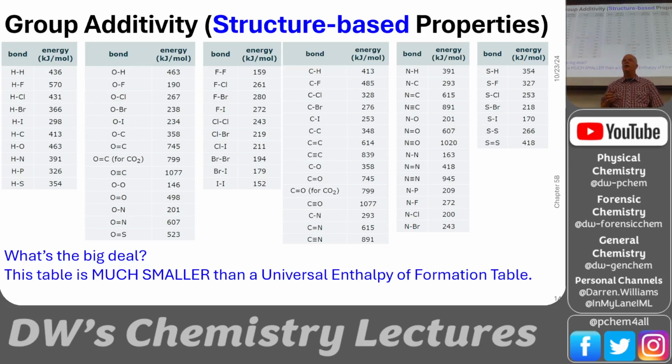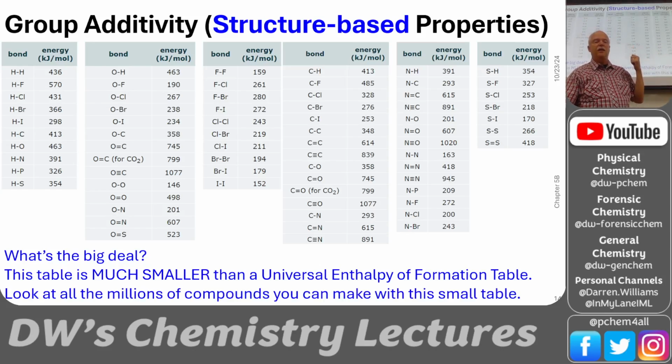Like if we were to try to make a universal enthalpy of formation table, it'd be thousands upon thousands of compounds, solid, liquid, gas for each one of them. Whereas if you look at this, think about the millions of compounds you could make with this simple little table. Because it's got a CH bond, and you can make all kinds of molecules with multiple CH bonds.